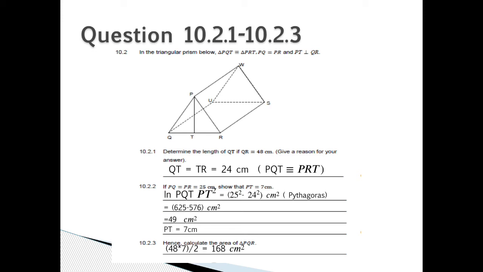If you find the square root of that, PT will equal 7 centimeters. The area of PQR is going to be 48 times 7 divided by 2, which is equal to 168 centimeters squared.